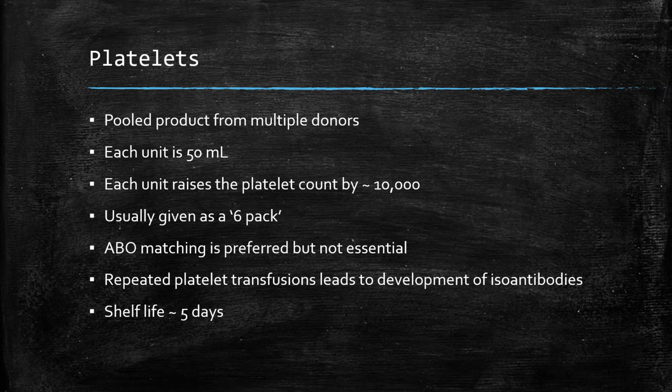And if patients require multiple platelet transfusions at different times, it can be harder and harder to find compatible units for them. The other issue is that platelets have a very short shelf life. They only last for about 5 days, and so it's always a challenge for blood banks to have adequate supplies of platelets.